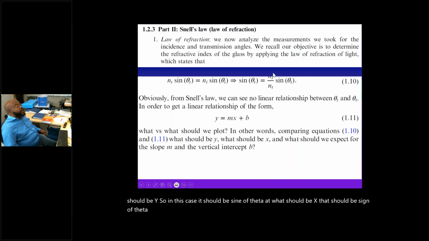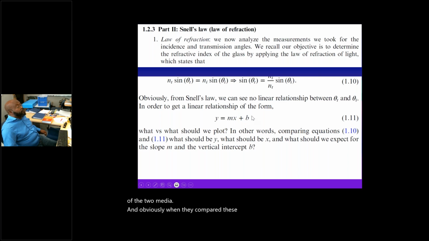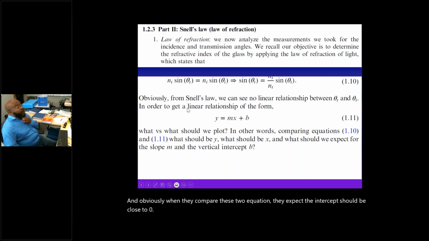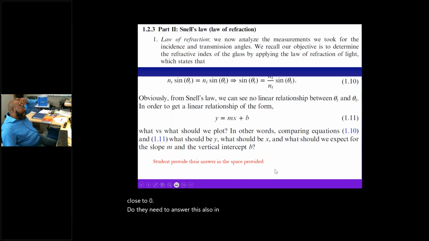And m, the slope of the linear graph, is related to the refractive indices of the two media. And obviously, when they compare these two equations, they expect the intercept should be close to 0. So they need to answer this also in the space provided here.